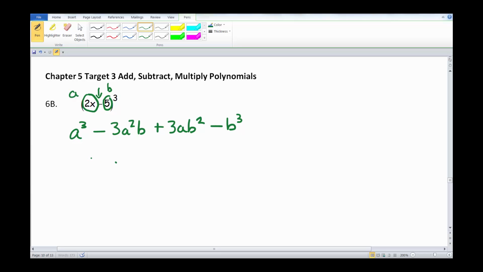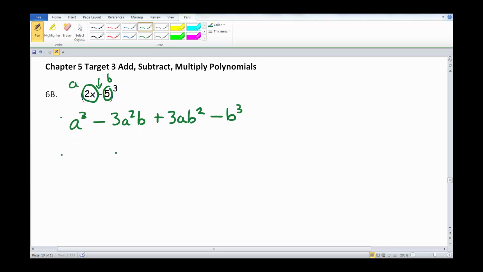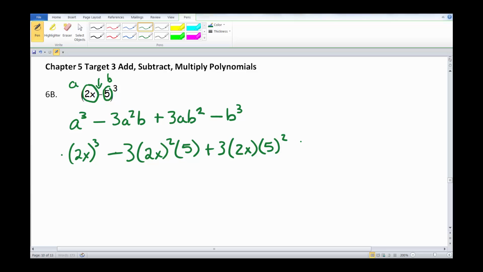Now, when we're actually going ahead and throwing this in there, we have our a being cubed. So in this case, we have 2x being raised to the third power, minus 3 times our a, 2x, which is being squared, times our b, 5, plus 3 times our a value, 2x, times our b being squared, so 5 squared, minus our b value, 5, being cubed.